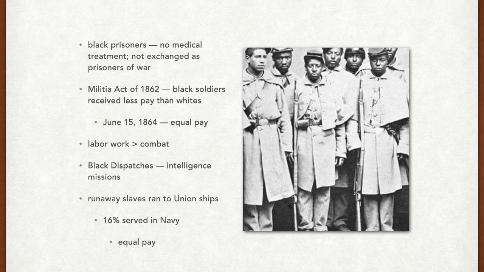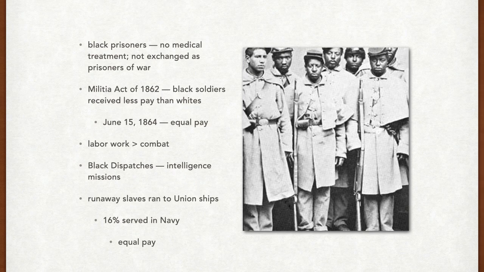According to the Militia Act of 1862, soldiers of African descent were to receive $10 per month with an additional deduction for clothing at $3 a month. So basically, you only made $7 a month because you had to pay for your uniform. In contrast, white privates, right, white soldiers, received $12 per month plus a clothing allowance of $3.50.